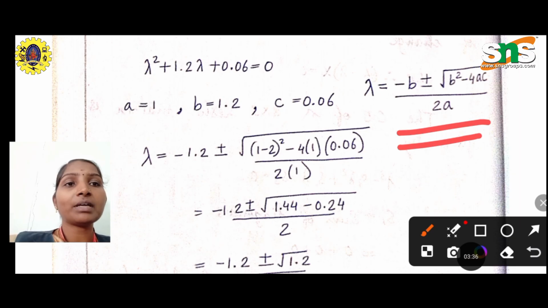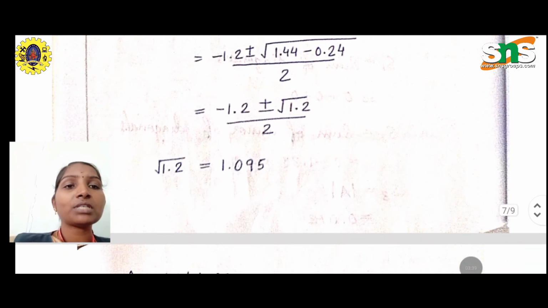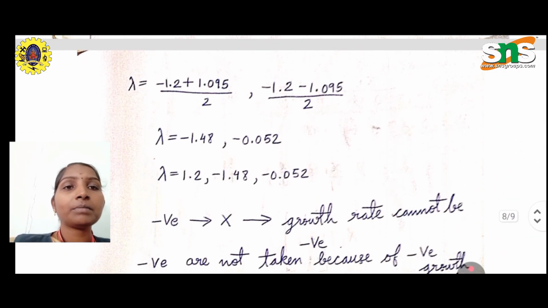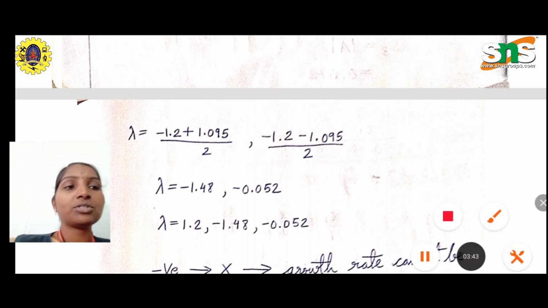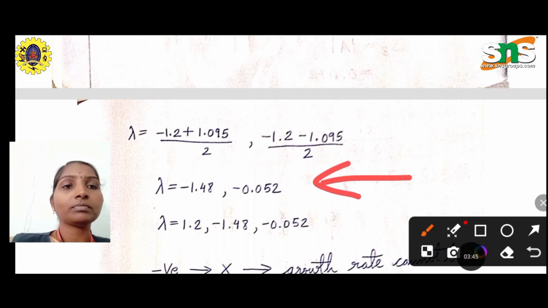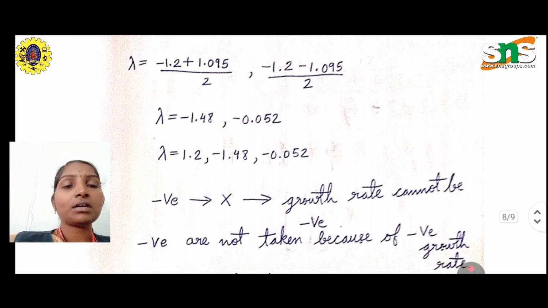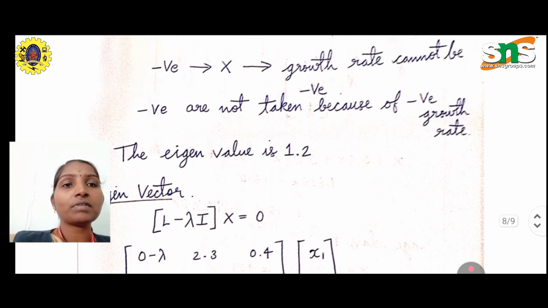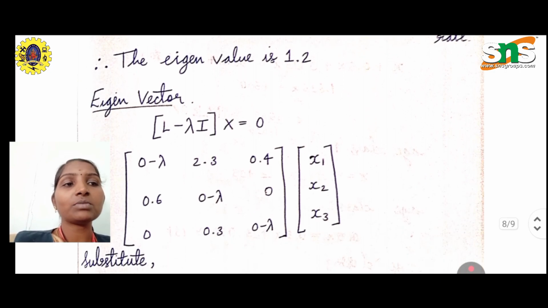This formula has been implemented here and we found the values as minus 1.48 and minus 0.052. So what are the values of lambda here? 1.2, minus 1.48 and minus 0.052 for this cubic equation. Since lambda is a growth rate, we cannot take it to be negative. Therefore, we will keep only the positive value. So the only eigenvalue is 1.2.